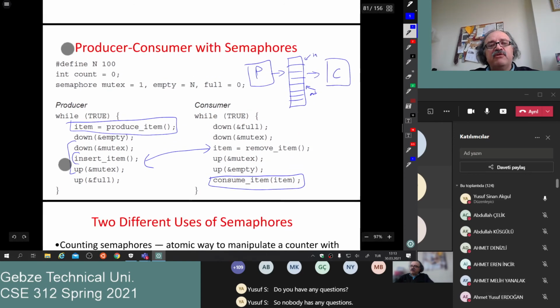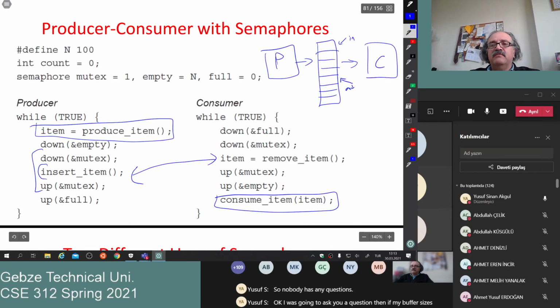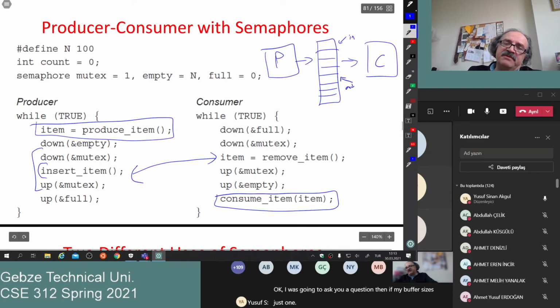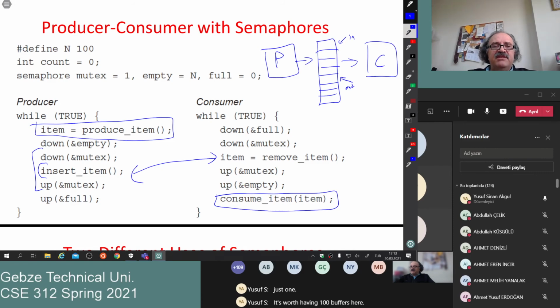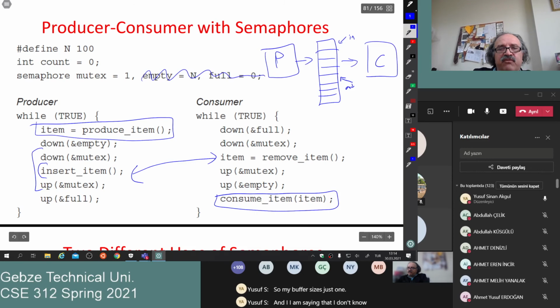Okay, I'm going to ask you a question then. If my buffer size is just 1, instead of having 100 buffers here, can I get away with using only a single mutex? So my buffer size is just 1, and I am saying that I don't need this empty and full.